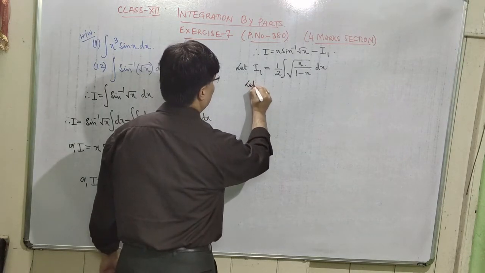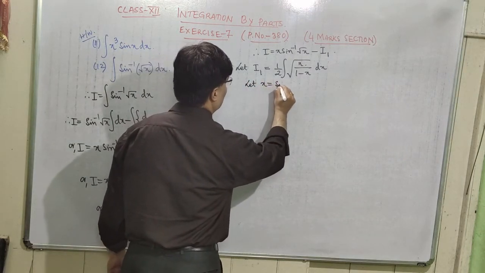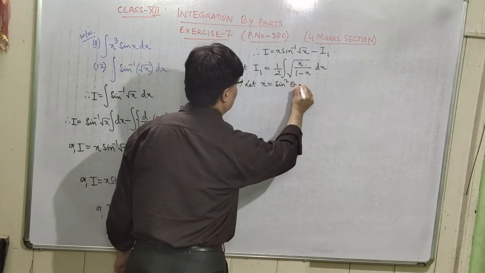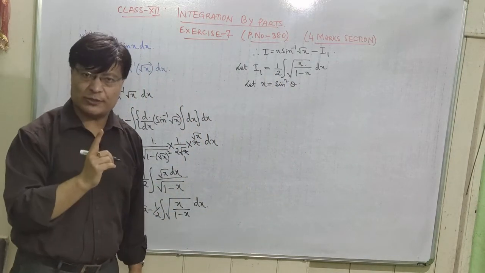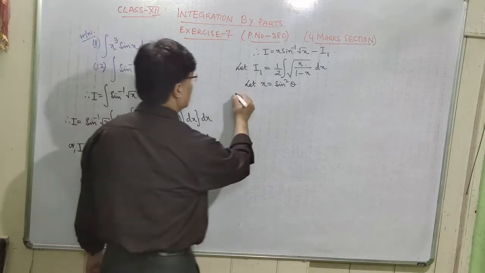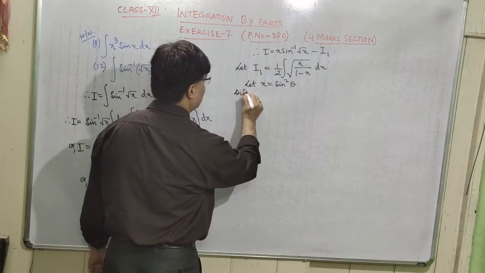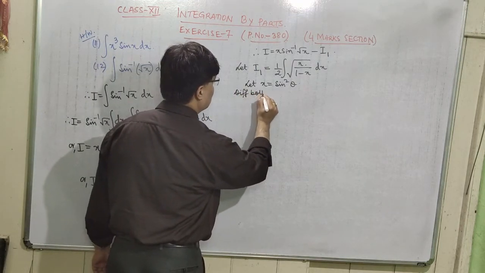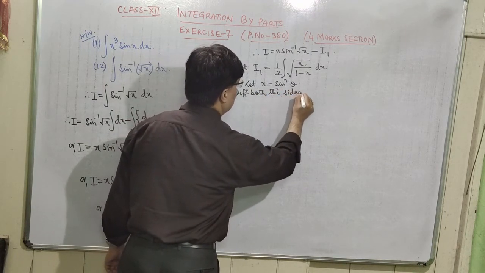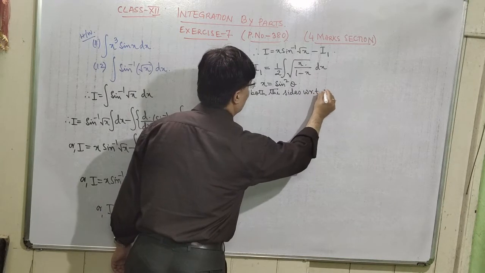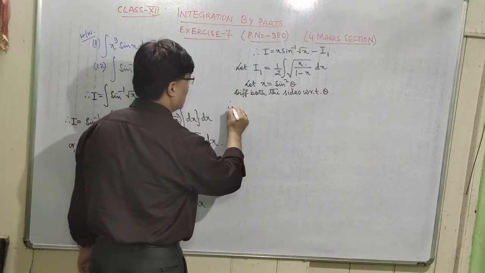So in this case we are doing trigonometric substitution method. So now let us differentiate both the sides with respect to theta.